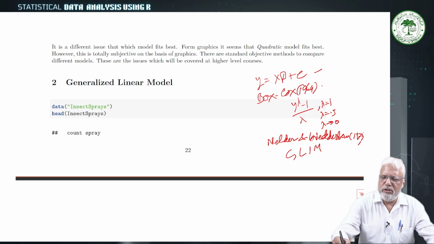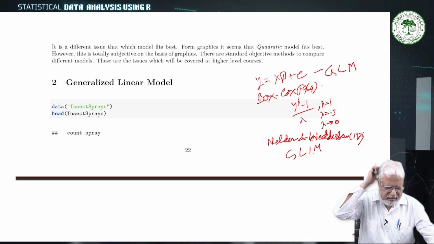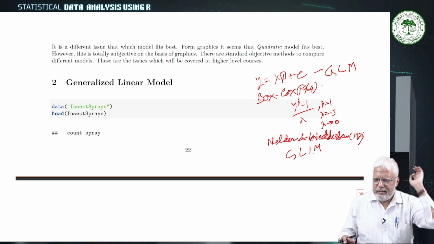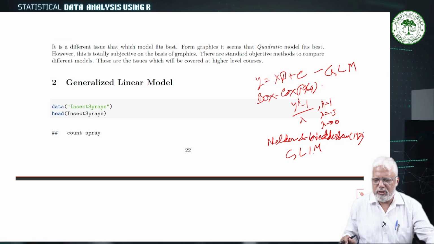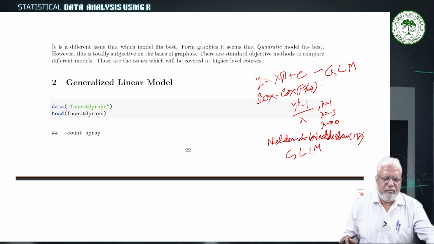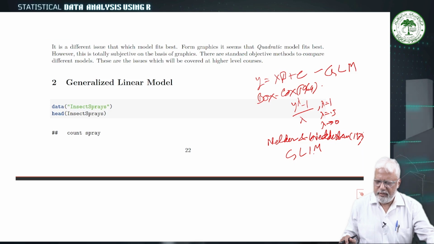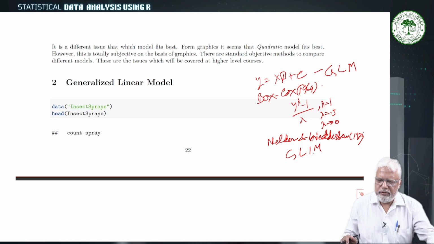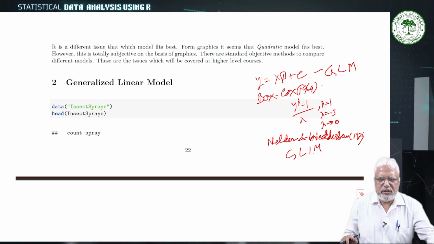Generally, this is known as GLM, and this is known as GLIM. In linear models, the error follows a normal distribution. But in GLIM, the error follows a member of the exponential family. And then they gave the concept of the link function. These two things are very important.